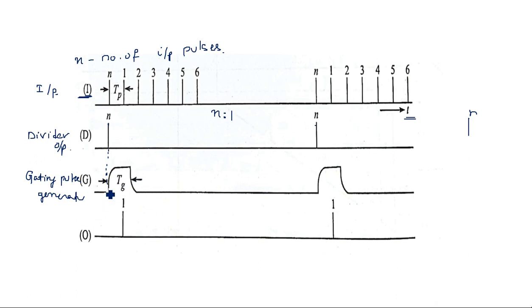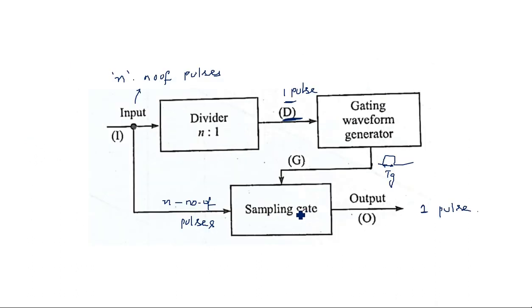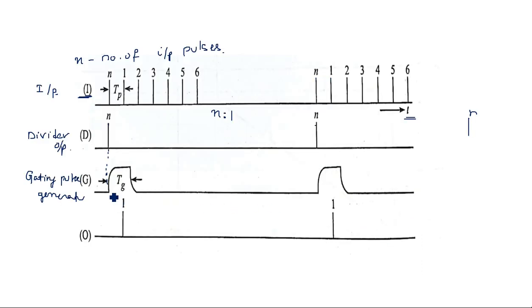Now this gating waveform is applied to the sampling gate. So whenever the sampling gate is applied with this gating pulse, this gate opens, and whichever pulse is waiting at that moment will be sent to the output. At this particular moment, go to the input, because the same input is applied to the sampling gate as well.